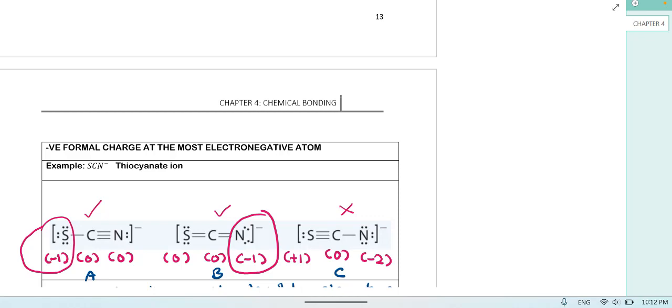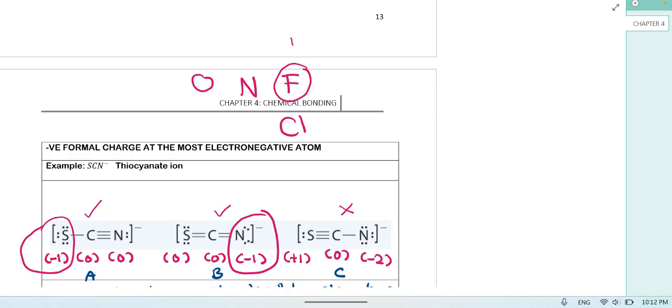For negative formal charge, the one that will be happy to have it is the highly electronegative atom. The most electronegative atom in the periodic table is F. Next to F is N. After N is Cl. After Cl is O.